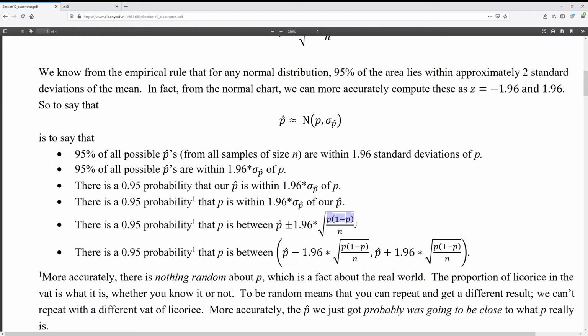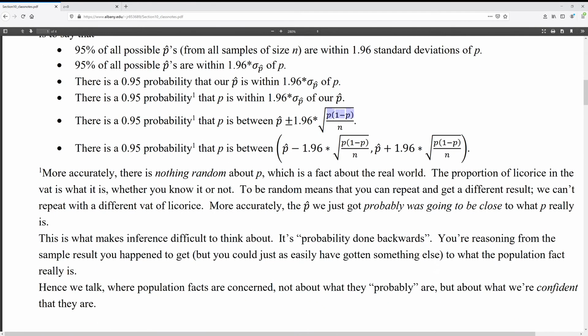If we knew P, we wouldn't have to estimate it. And the only way we can estimate it is by filling these blanks, in particular, these blanks. So you have to know what P is in order to estimate it. But if you knew what P was, you wouldn't have to estimate it. So the whole thing ends up being a colossal waste of everybody's time. Almost. Now here's where the magic happens.